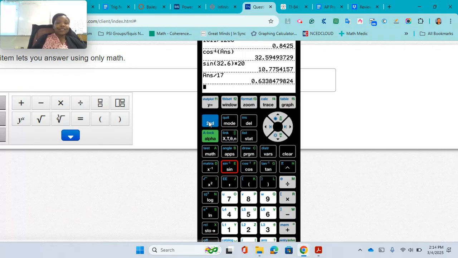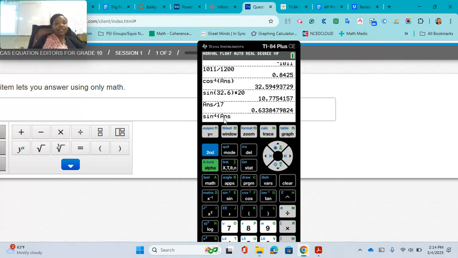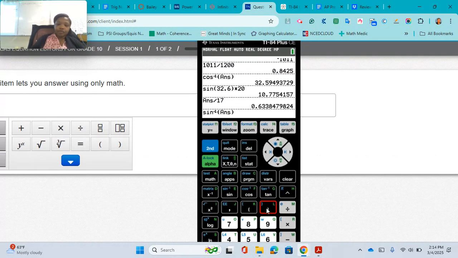All I'm going to do is click second sine for the inverse sine. I'm going to click second negative for my previous answer and in parentheses. Enter. I have 39.334.